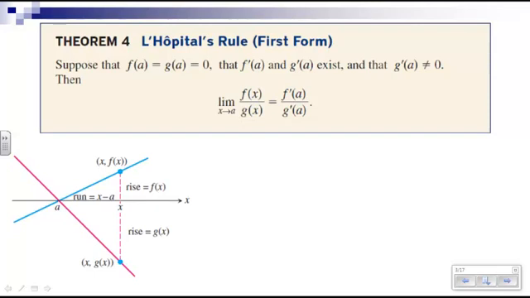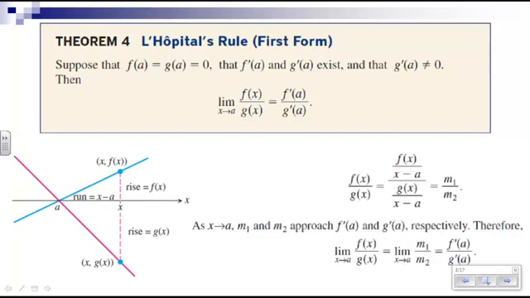One way of looking at this fraction, f of x over g of x, is to think of them as the two slopes: f of x over x minus a, divided by g of x over x minus a. Those are the slope of f and the slope of g, and this ratio is the same as f of x over g of x.